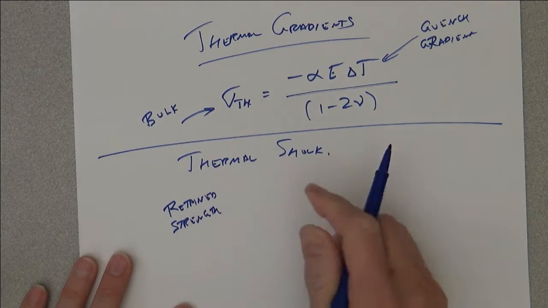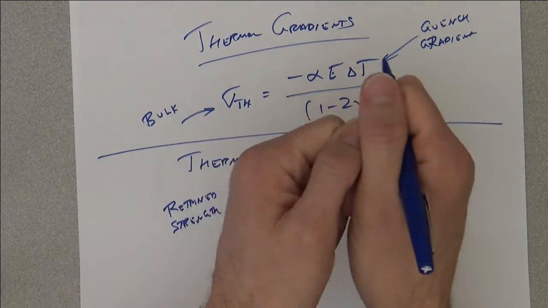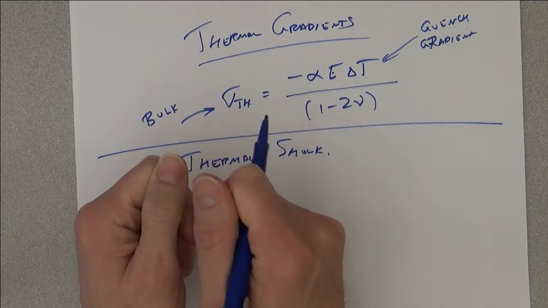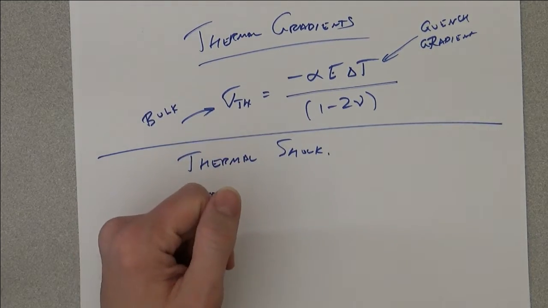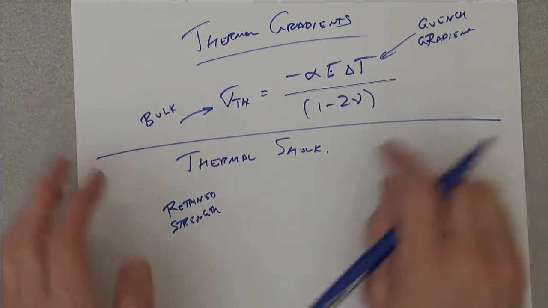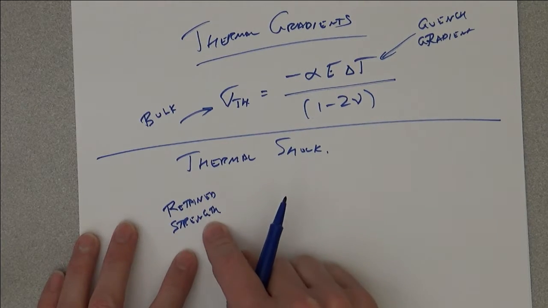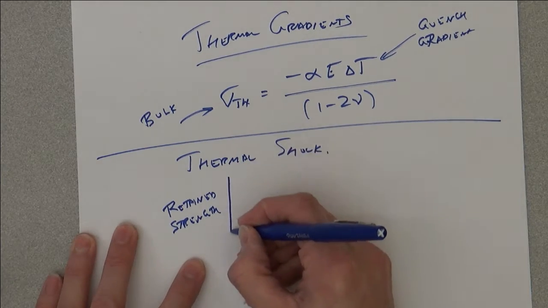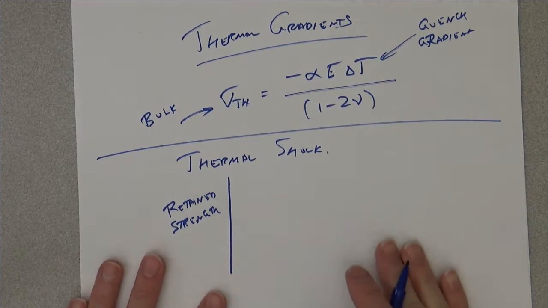So if I take a part and I heat it up and then I quench it, and I measure the strength of that material or the strength of the part, how much of the strength that it initially had, or that family of parts had before, is retained.